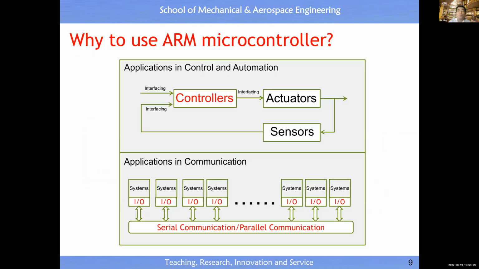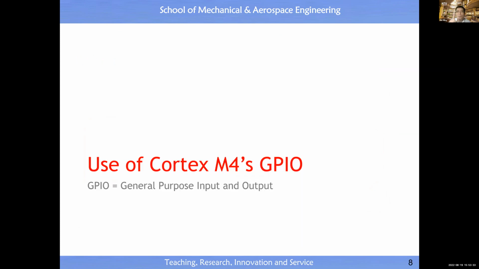So now, let's say we use a GPIO, general purpose IO. Like I mentioned last week, you pay the price of a bicycle, you get a sports car. Because GPIO means you can use it to interface with anything.